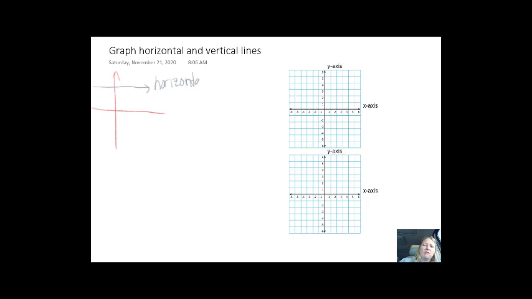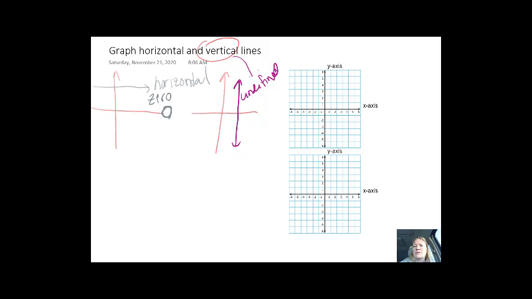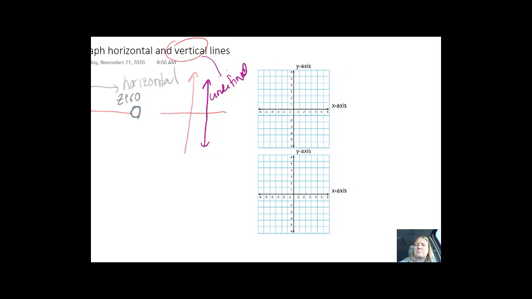And a vertical line has a slope of undefined. It's also called vertical. So vertical is undefined. Horizontal is 0 slope, or you can just write the number 0. So we're going to look at how to do this.